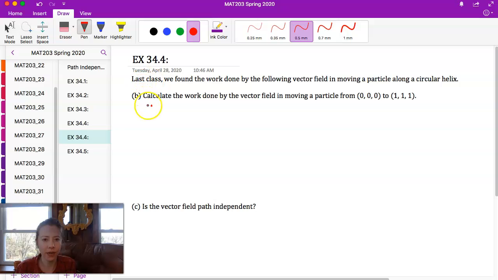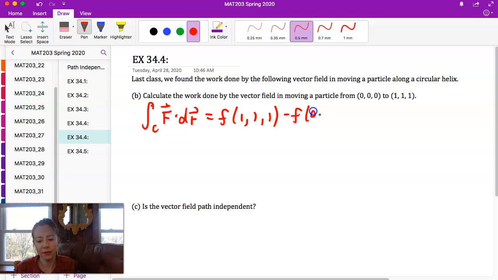So it's just going to be using the fundamental theorem of line integrals over a different path. Well, it's a different starting point, different ending point. So it should be different work done. And that's going to be our potential function at 1, 1, 1 minus our potential function evaluated at 0, 0, 0. And so if we plug it in, we end up getting 1 plus 3 over 2 plus 1/2 minus 0. And this will give us 3.